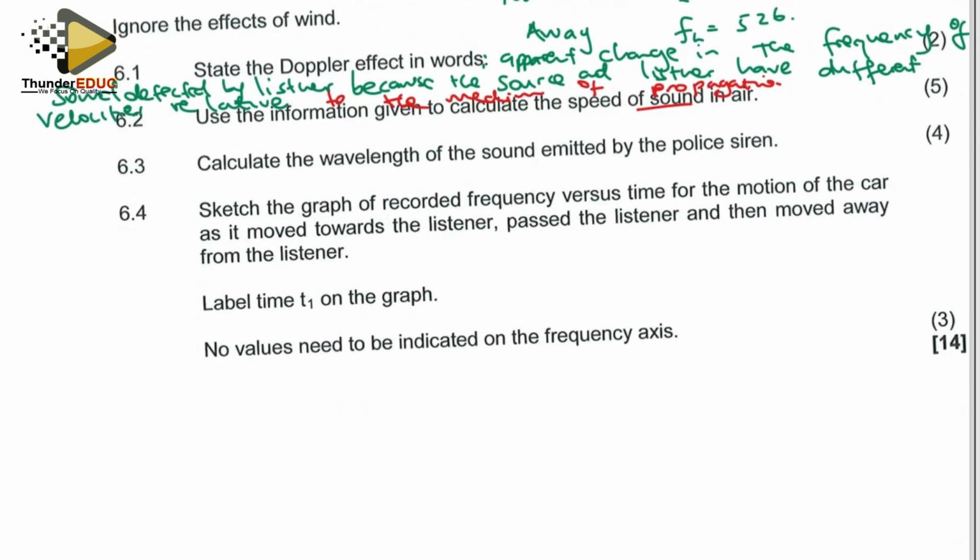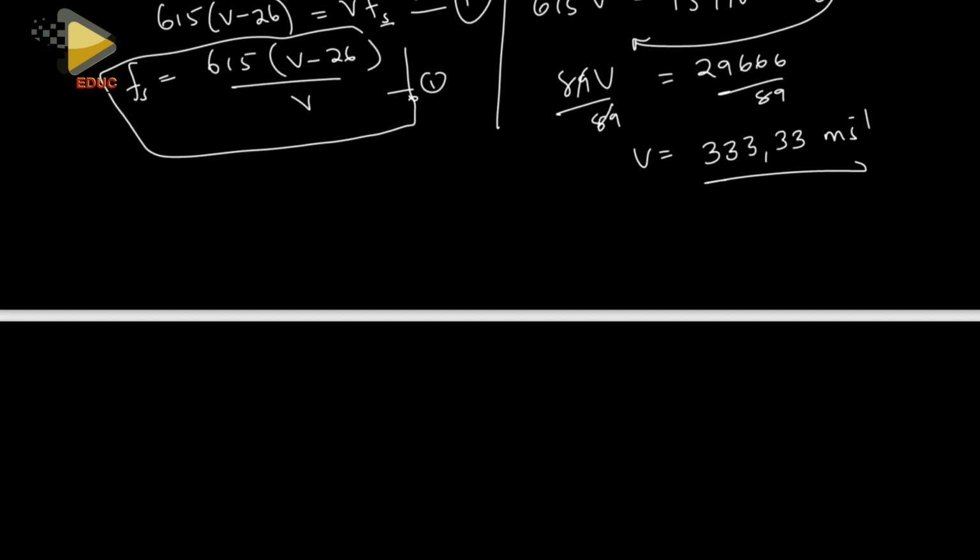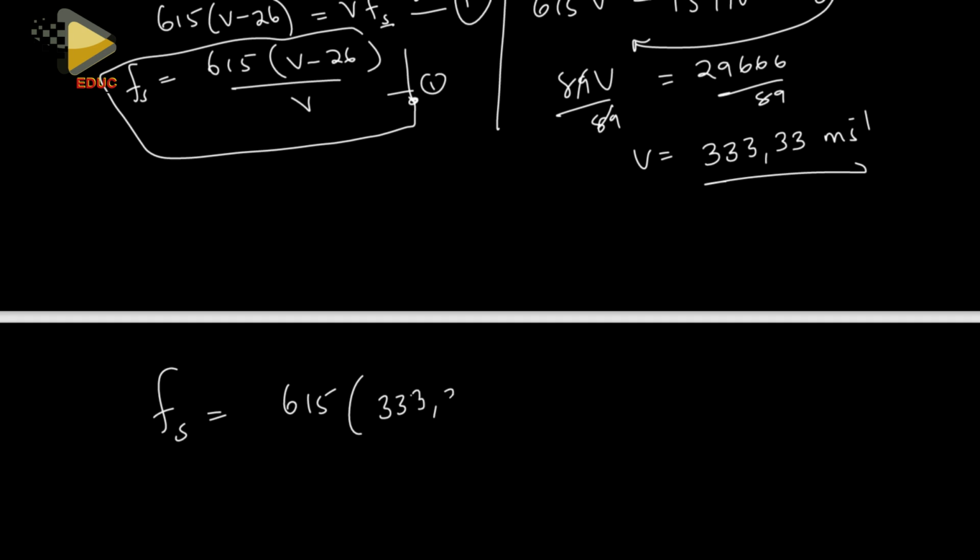Then calculate the wavelength of the sound emitted by the police siren. So we know that V is equal to F lambda. Lambda is the wavelength that they need. Do we know the frequency of the source? No, but we can get it. Since we had already created this equation, we can use it and say frequency of the source is 615 into 333.33 minus 26, dividing it by the same velocity, which is 333.33.